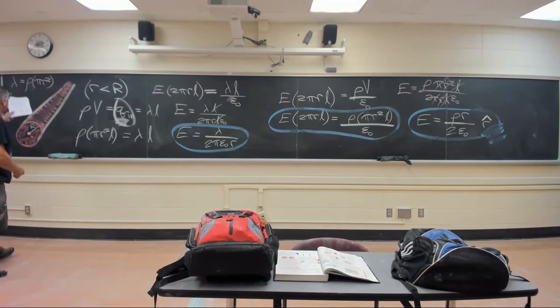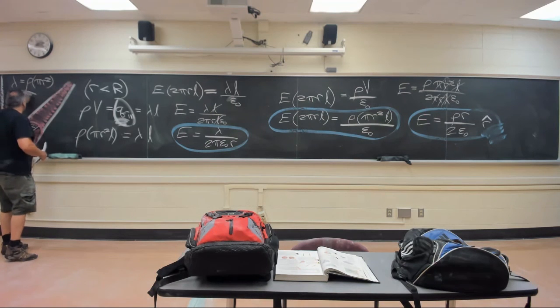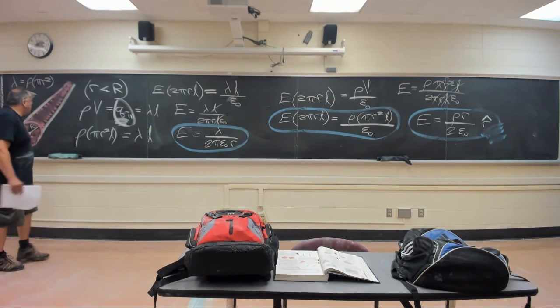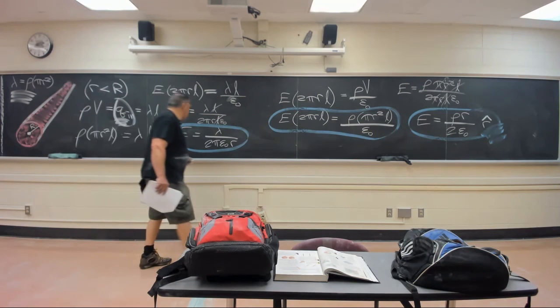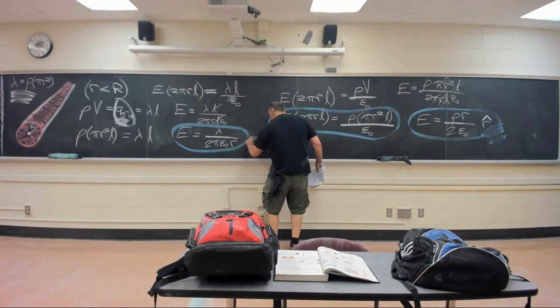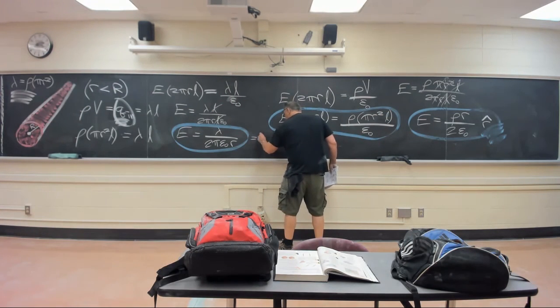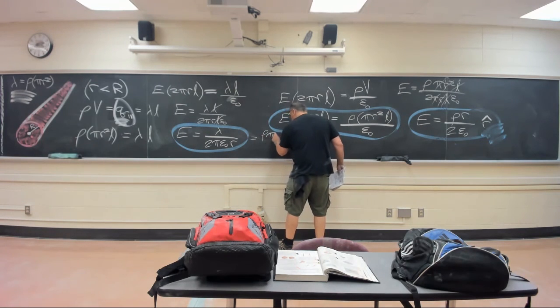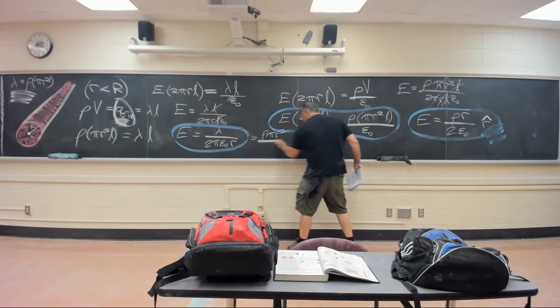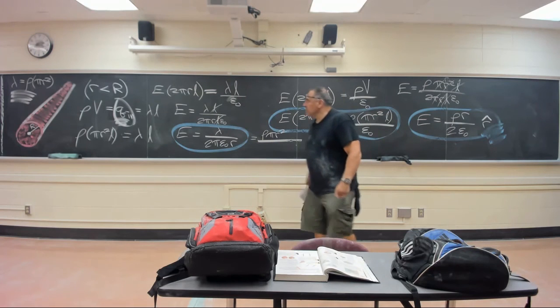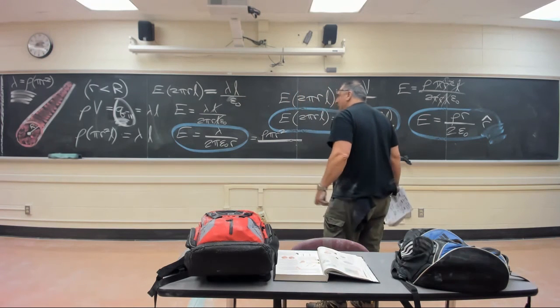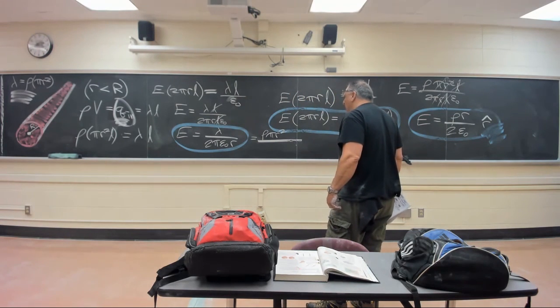Okay. Lambda equals this, rho pi r squared. They're asking to establish, say they're equal to this: lambda equals rho pi r squared.